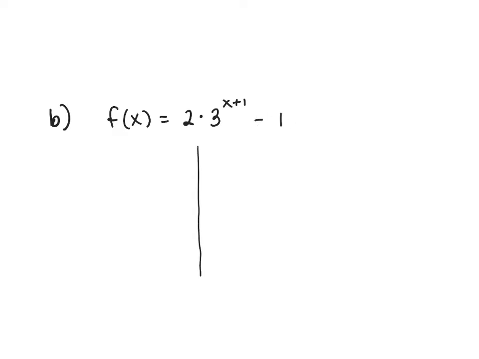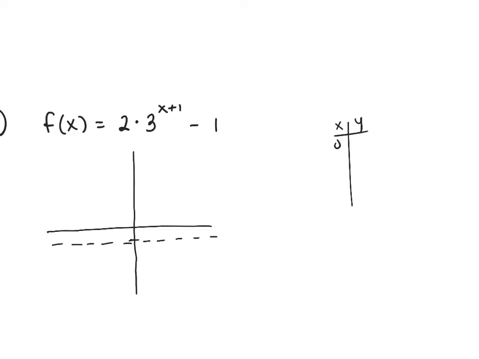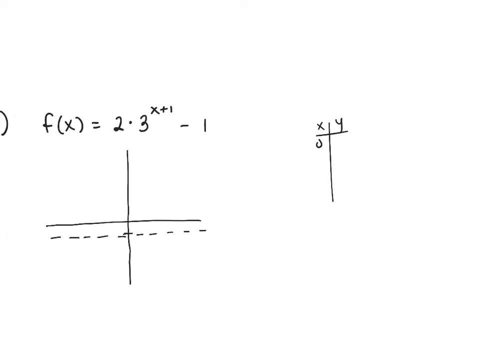So when we're graphing this, we'd have our horizontal asymptote at -1. And then when we want to find the y-intercept, we let x equal 0. So the expression would be 2 times 3 to the 0 plus 1, minus 1.